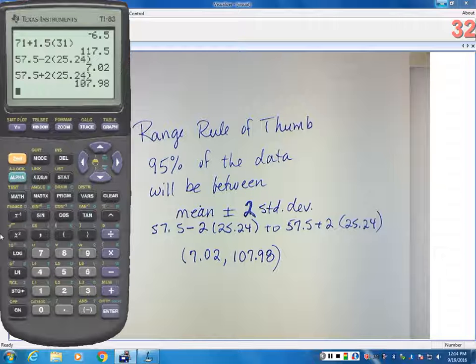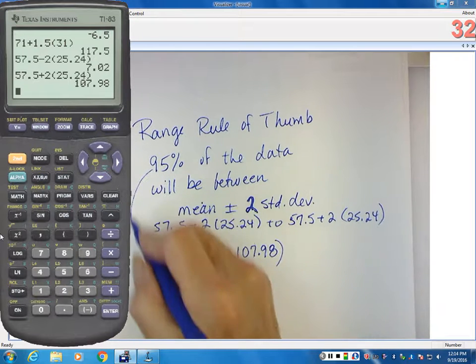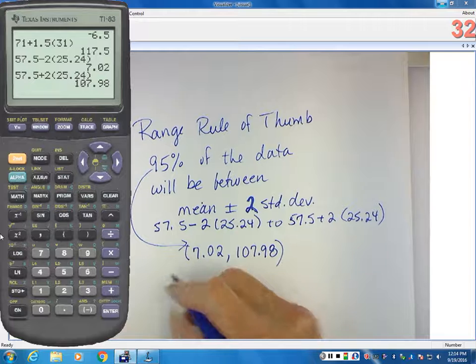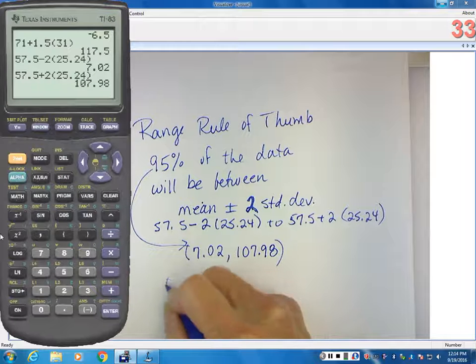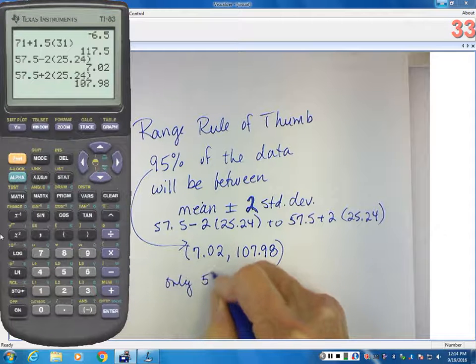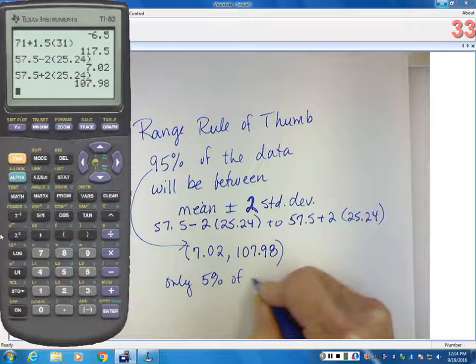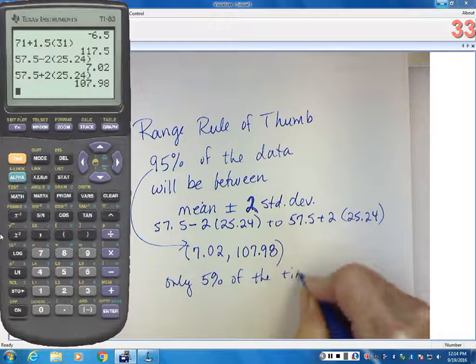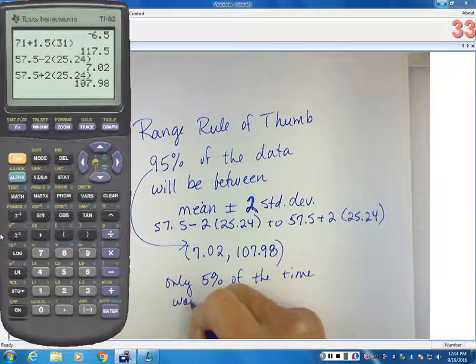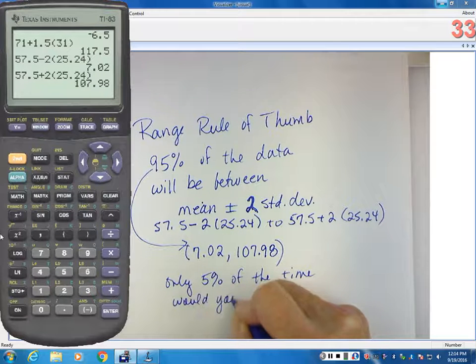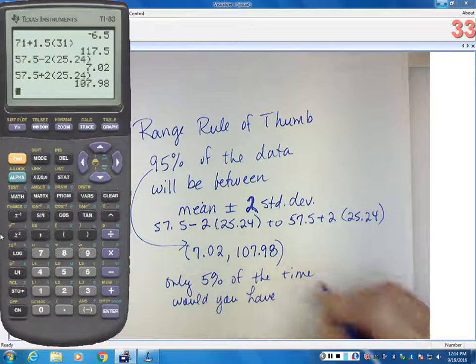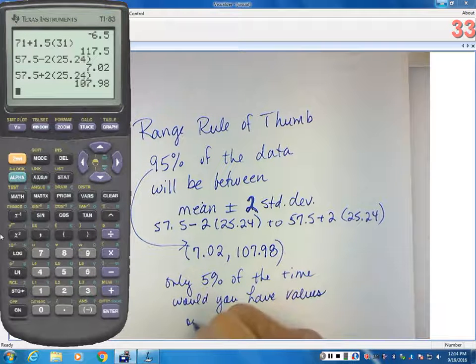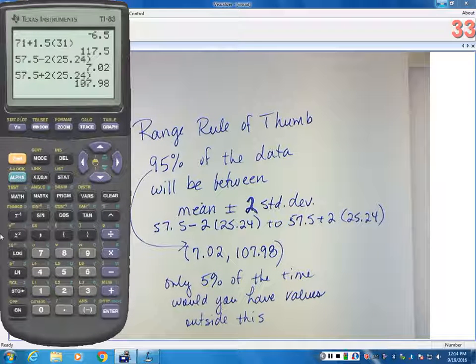So what this says is if 95% of the data is here, then only 5% of the time would you have values outside of that.